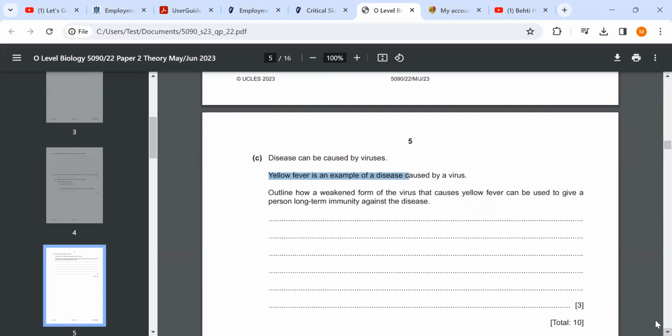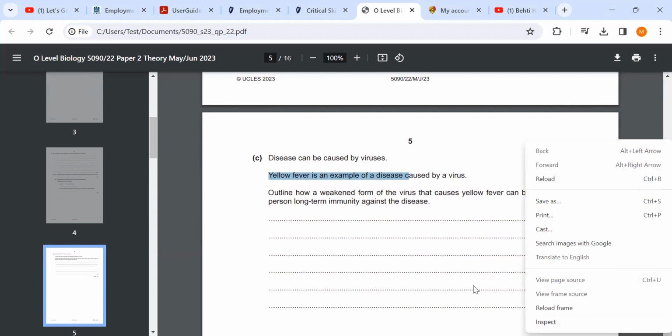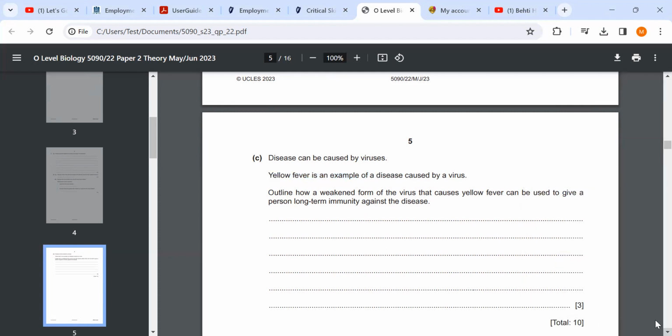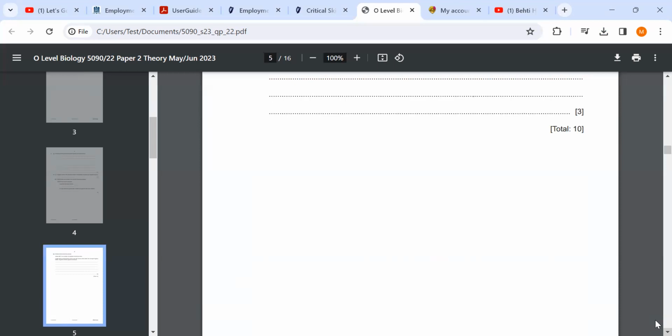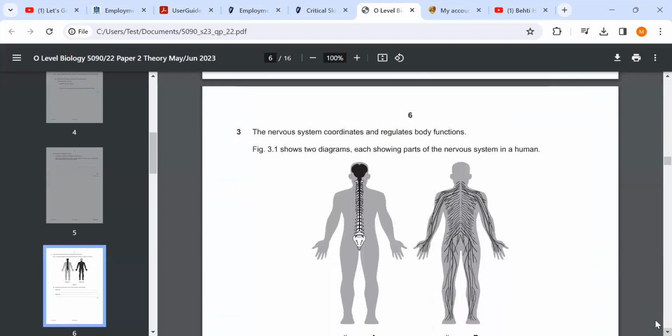And remember the important point that they will form memory cells. These memory cells will recognize these antigens and form antibodies against them, and will act extremely rapidly the next time the virus enters the body.